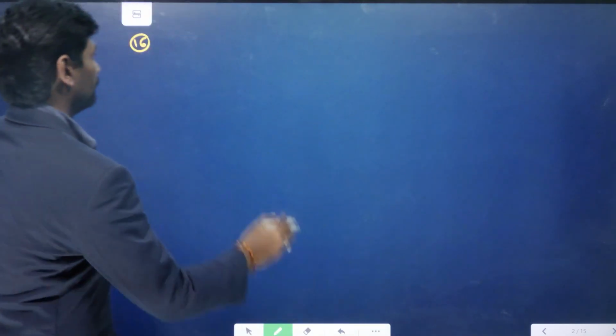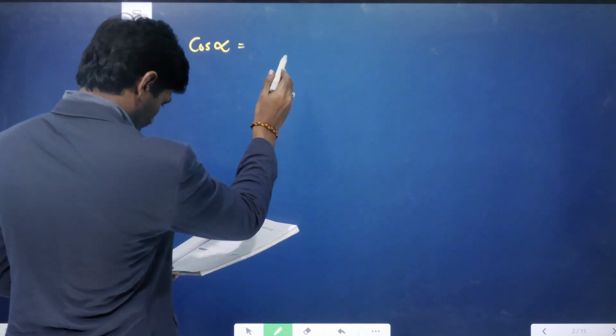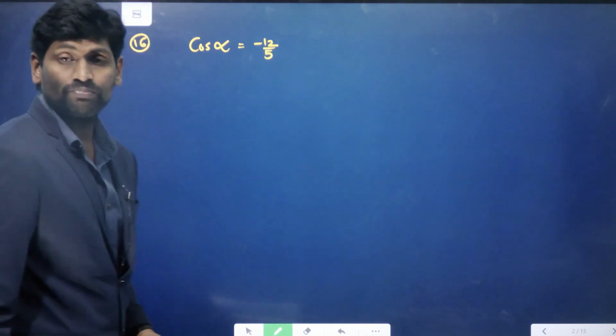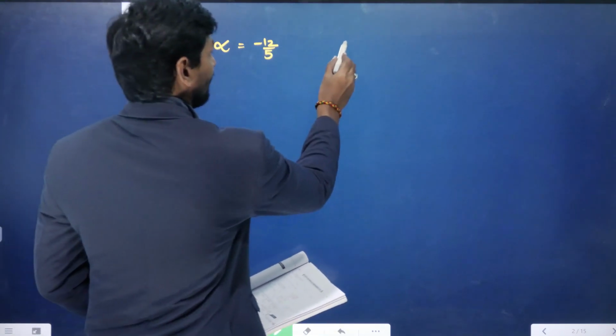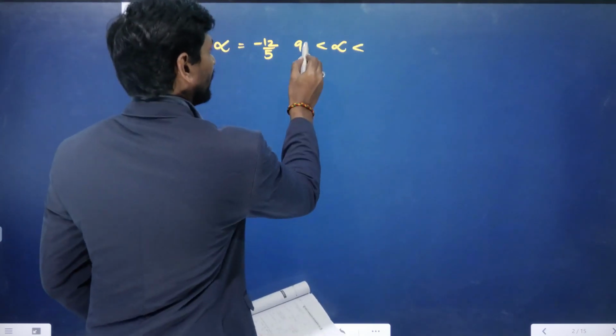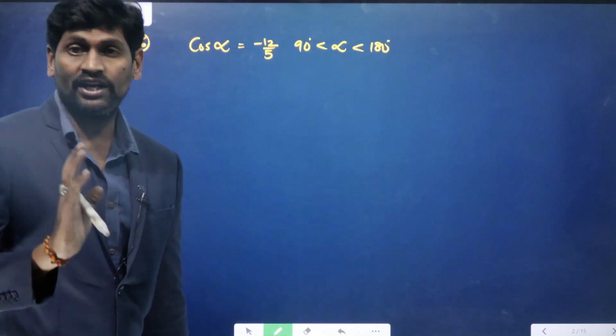Yeah, problem number 16: cos alpha value is minus 12 by 5, because alpha is between 90 degrees and 180 degrees. 90 to 180 is quadrant 2.